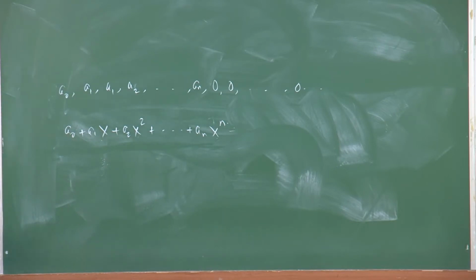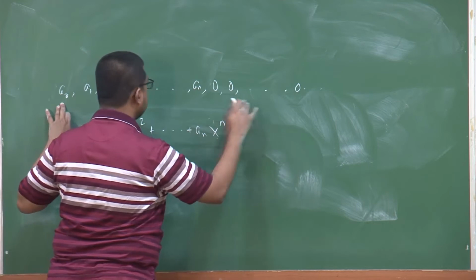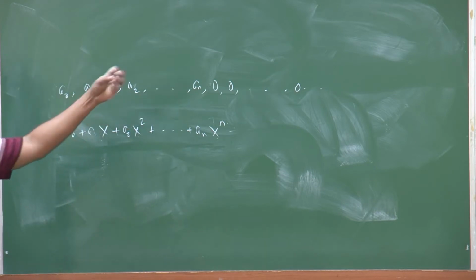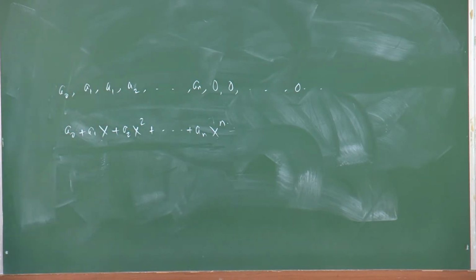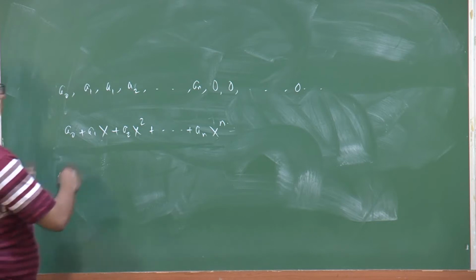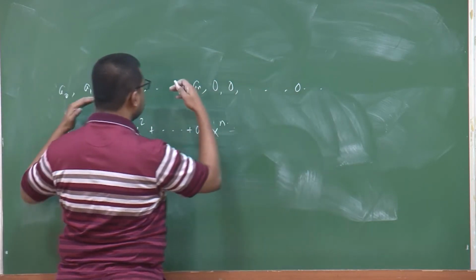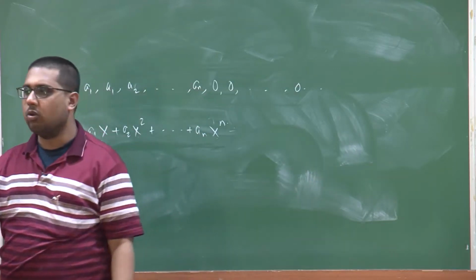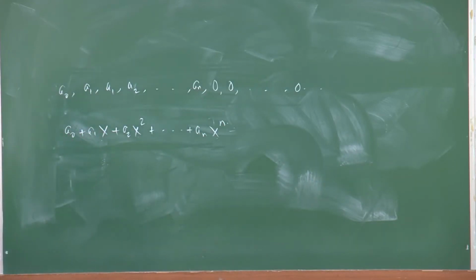So, though polynomials are sequences, special kinds of sequences with elements from the ring, however, it is customary to overlook or ignore this in our considerations.